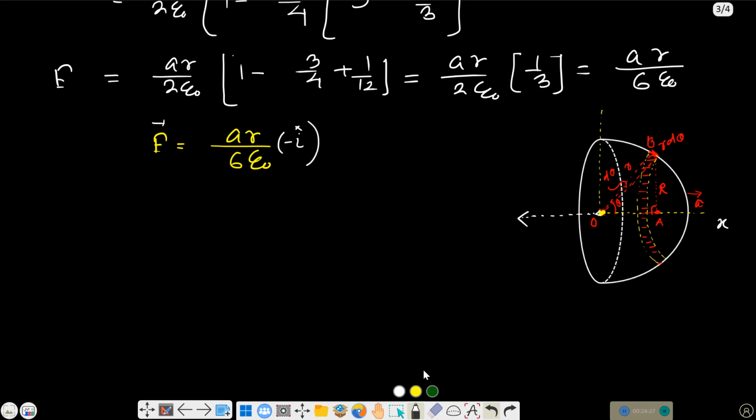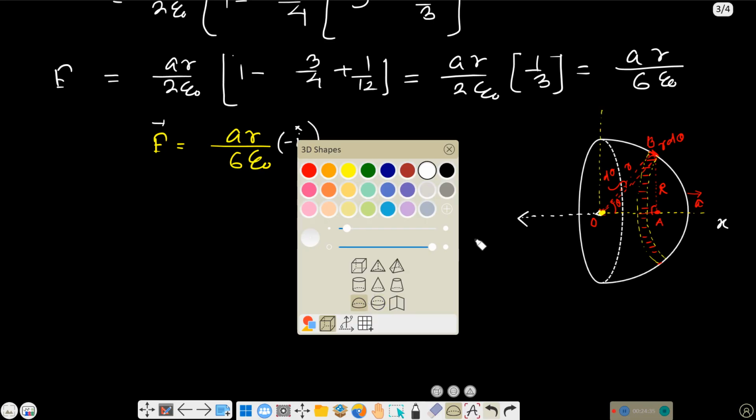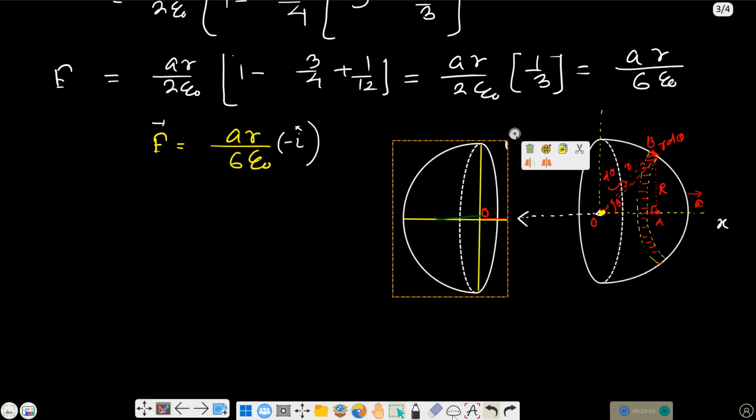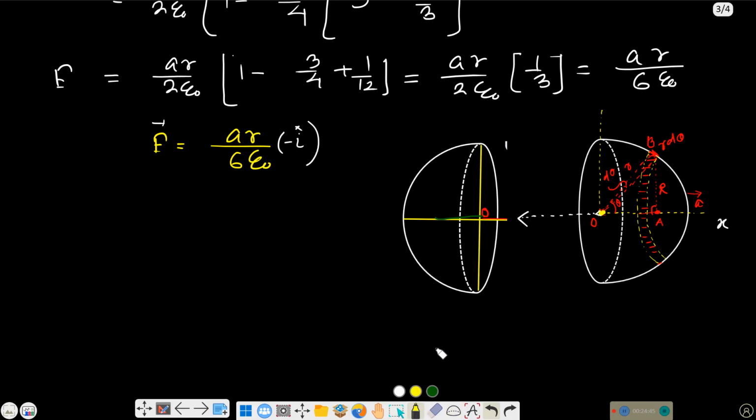And there was another half part with negative surface charge density, but by symmetry the electric field will be along the same direction.